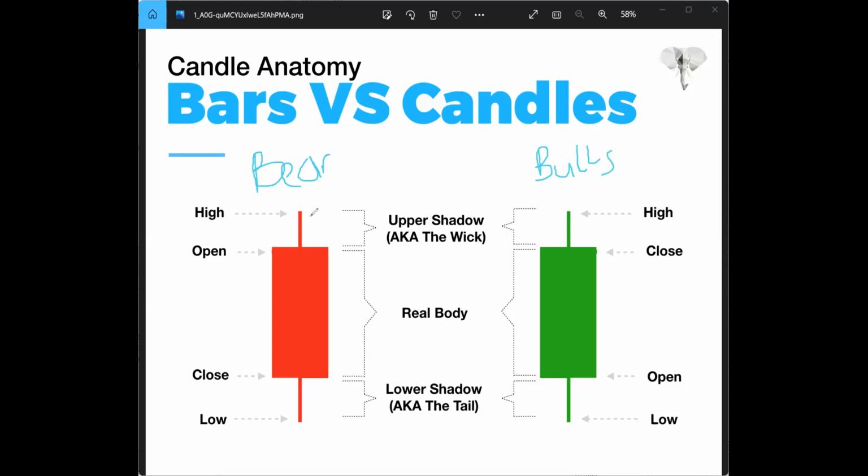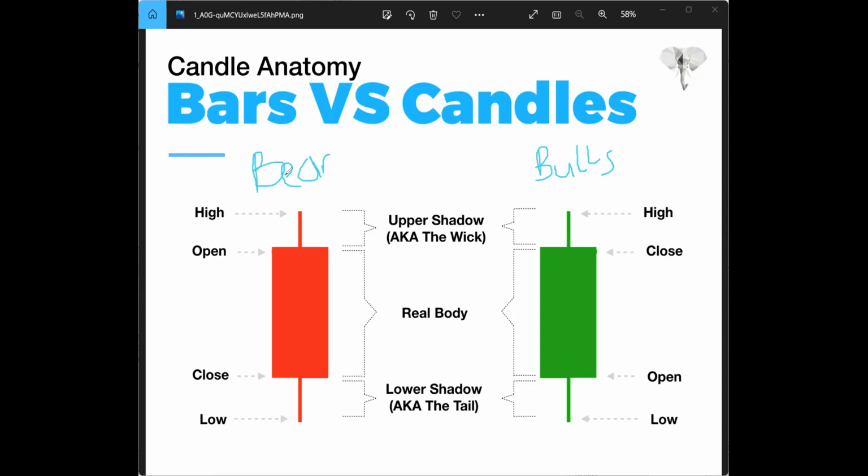So I said earlier, if you joined the morning session or if you look at the recording, all that I'm saying is that bears just represent sellers, and sellers are trying to push the market price down. That's the aim of sellers.